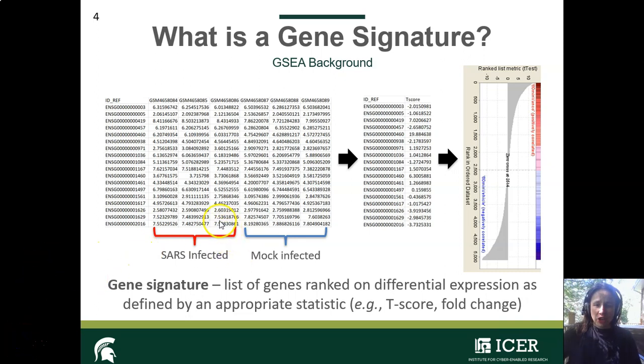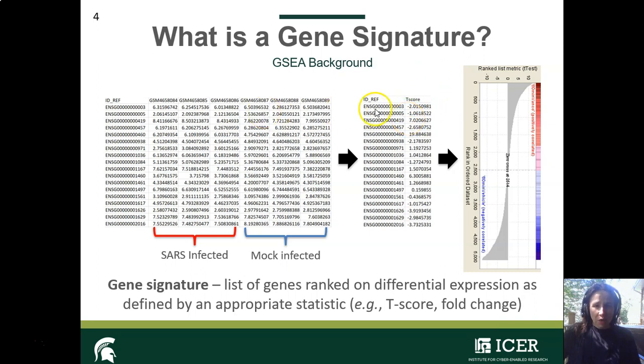Differential gene expression is when you compare between your SARS infected and your mock infected, or whatever your experimental conditions happen to be. In this particular case, we can do that for each gene individually that we measured by using some sort of a statistical analysis like a t-score.